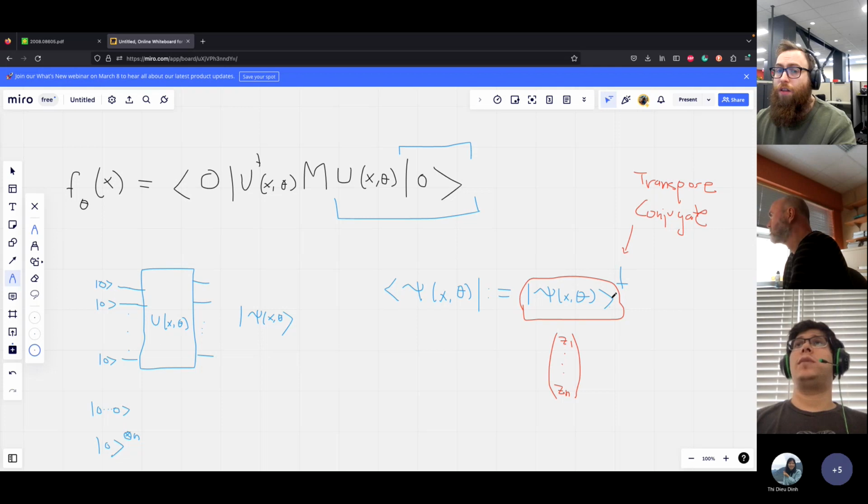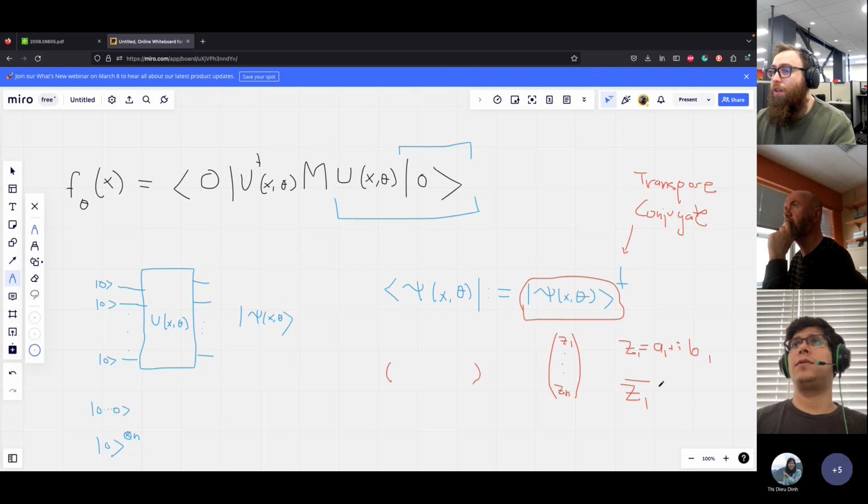So the dagger means you transpose this. Now, instead of being a column vector, it's a row vector. Each one of these, so this C1, let's say, is equal to A1 plus i, where i is the square root of -1, B1, and I'm going to denote its conjugate C1 bar.